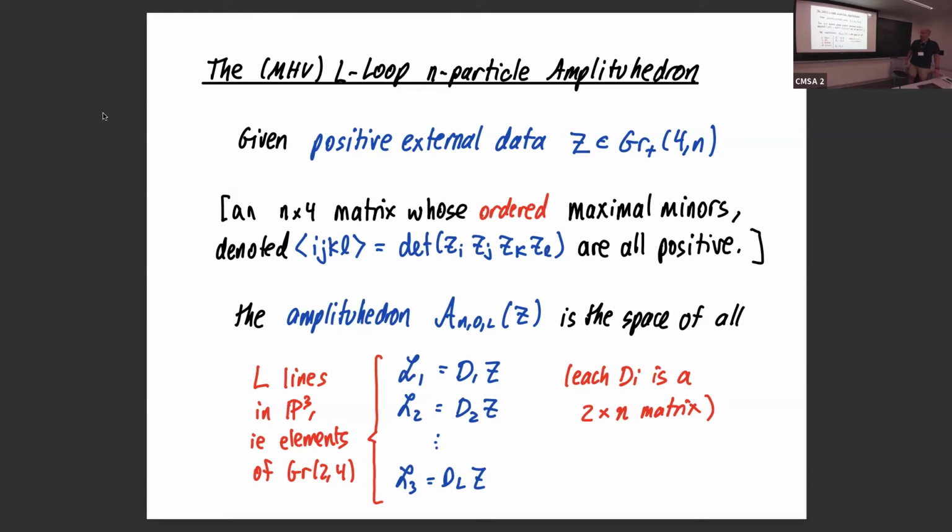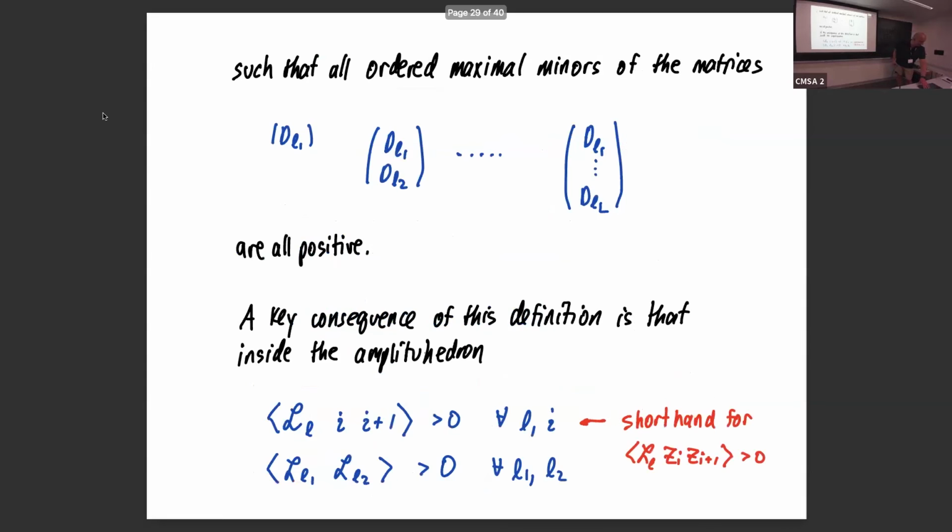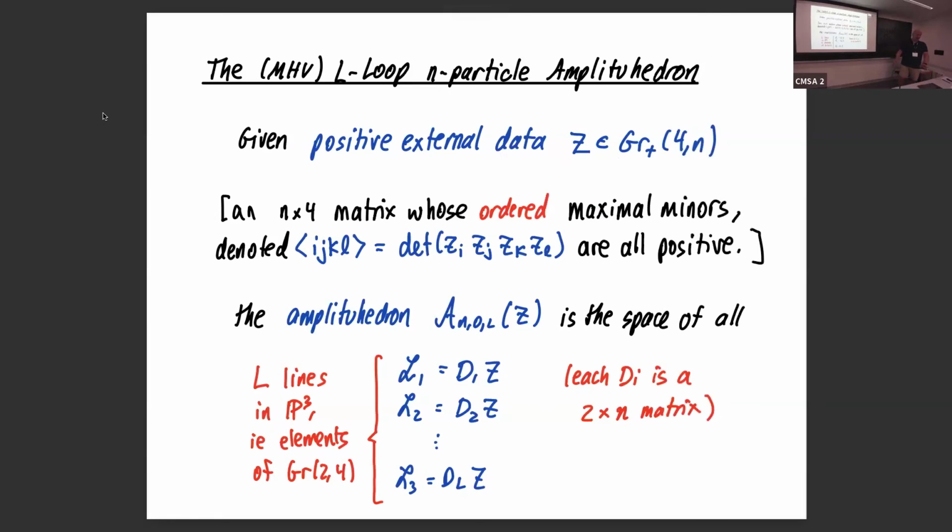You can generalize this to non-zero K, it's just notationally more cumbersome and I didn't want to spend too much time on it. But the loop level MHV Amplituhedron is the space of configurations of L lines in P3, all of which can be written... the definition didn't quite fit on one slide. Okay, this is awkward. So we're going to have to remember this and go to the next slide.